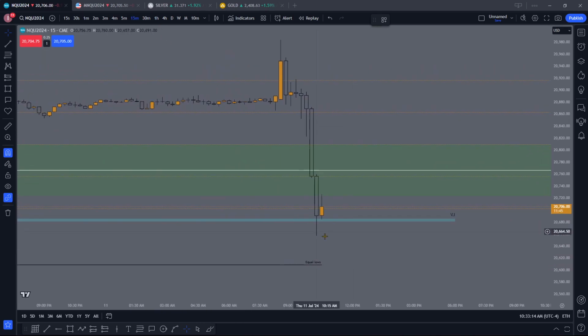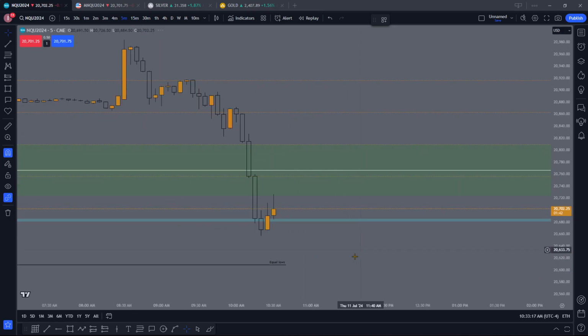Volume imbalance give us a market maker buy model. See the 5-minute.